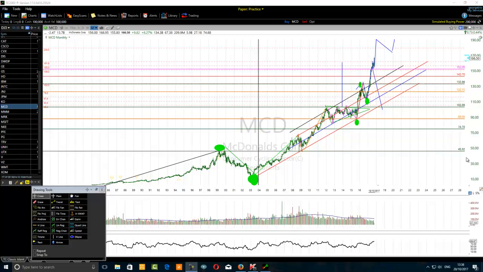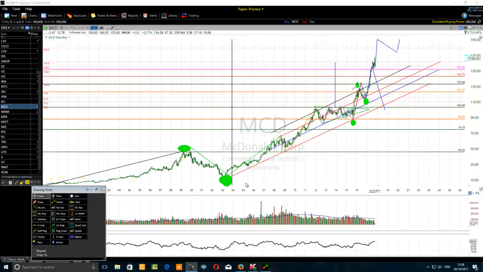A few months ago, we analyzed McDonald's stock using the Elliott wave principle on the monthly chart, if you remember. On the monthly chart, I was showing traders, here we are. So this is our first Elliott wave on the monthly chart.